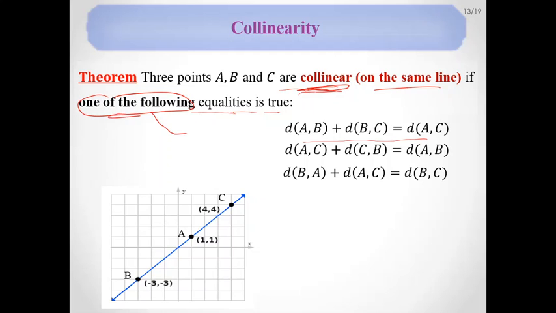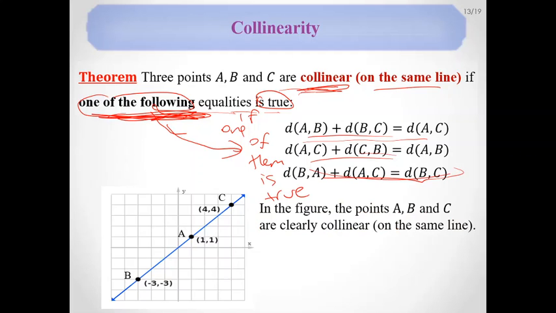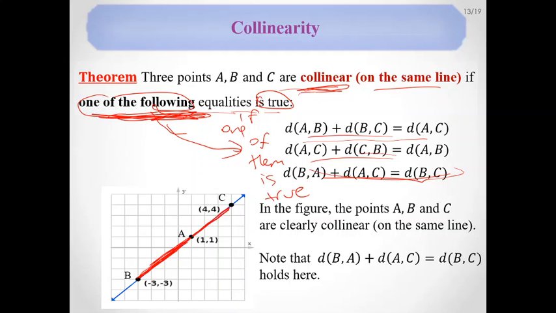If one of them is true, then they're collinear. So for example, look at here, these points are on the same line. Intuitively, it's obvious: if they're on the same line, the distance between these two and the distance between these two, when you add them, will give you the distance between B and C.